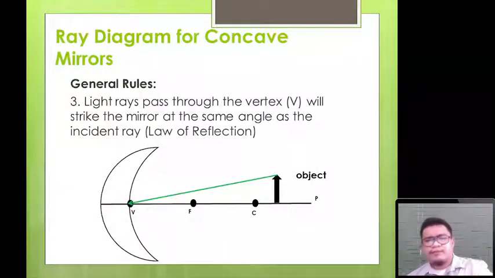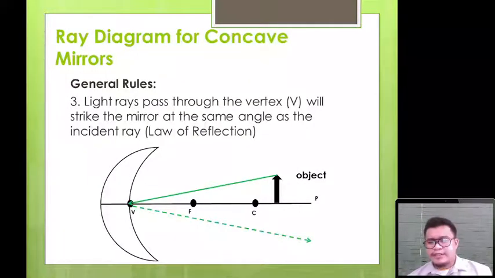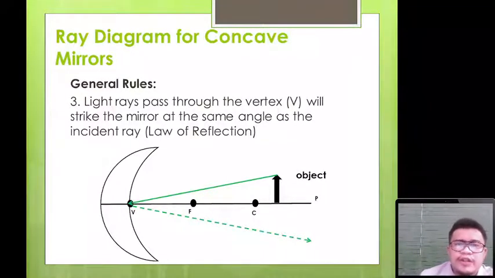It hits the vertex of the mirror, and you always reflect it back with the same angle as that of the incident ray. Where do you measure the angle from there? Just measure the angle in reference to your principal axis. So when I constructed this ray diagram, I assume that the ray diagram is already at an equal angle from the incident ray to the reflected ray. So this is how rule number 3 is applied.